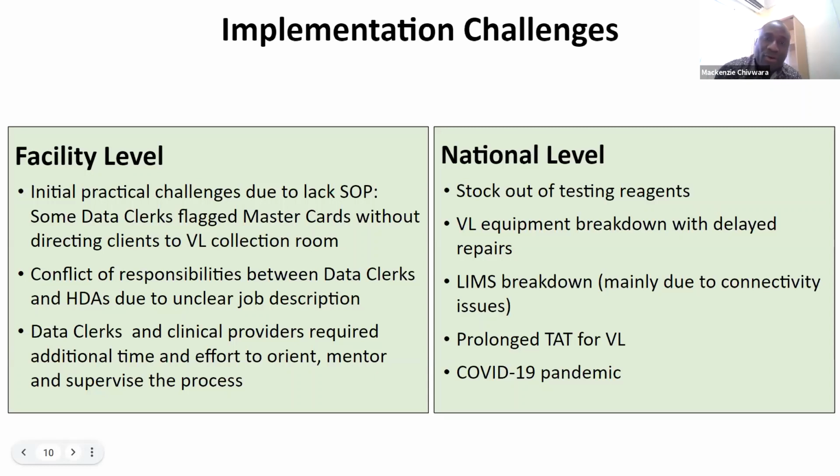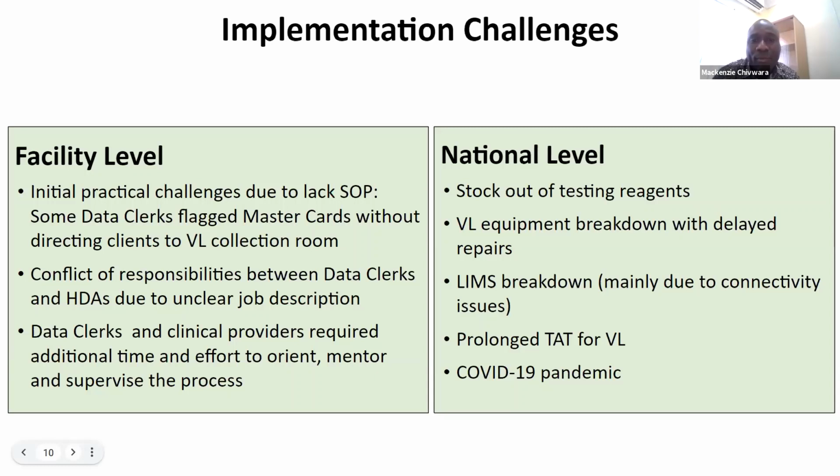At national level, we also encountered quite a number of challenges. Number one, we encountered national stockouts of reagents and viral load equipment breakdown. So even though samples were being collected and transferred to a molecular lab, we also encountered equipment breakdown.